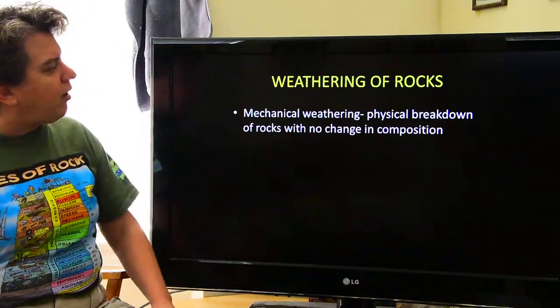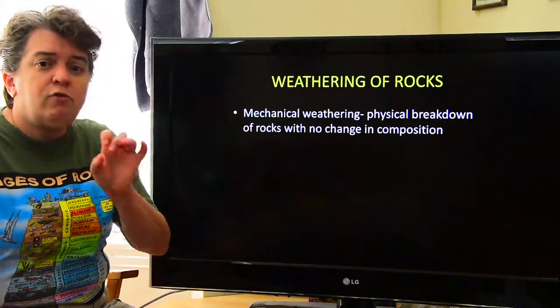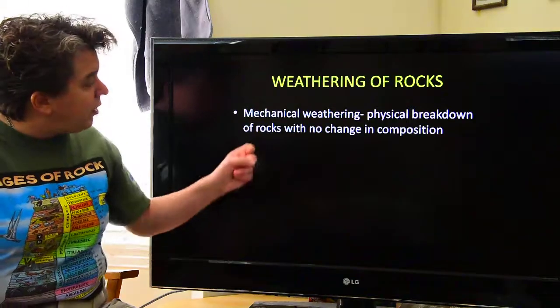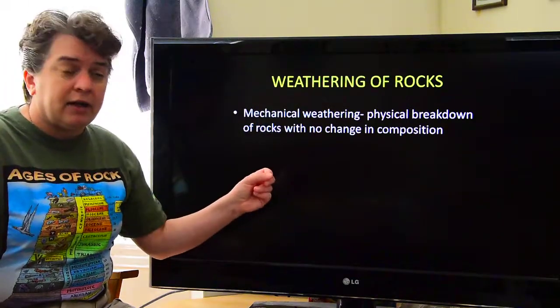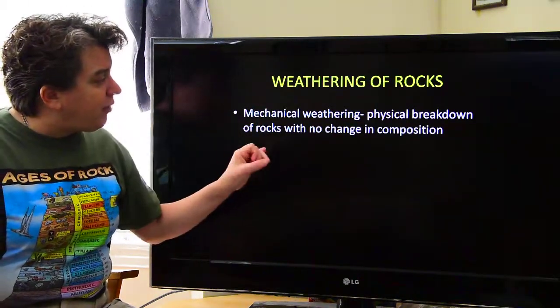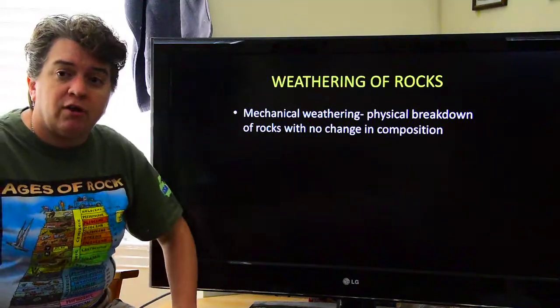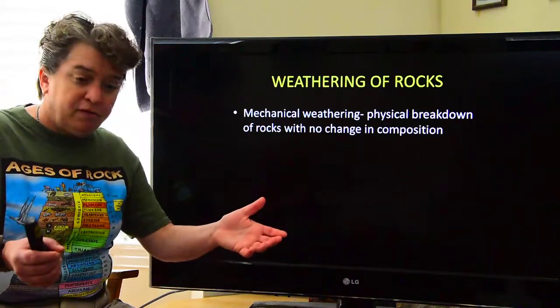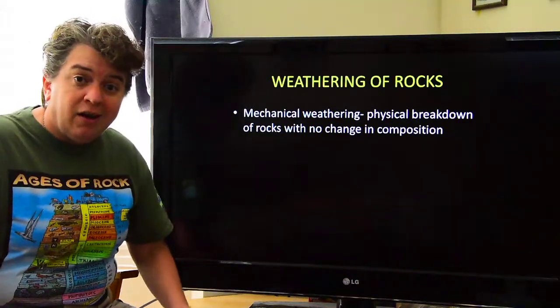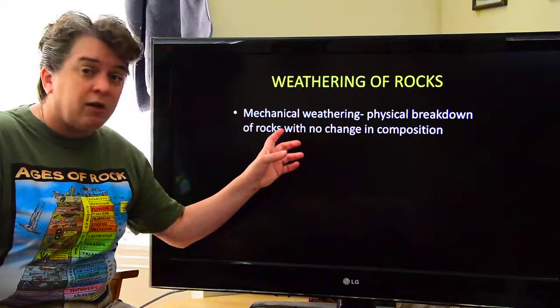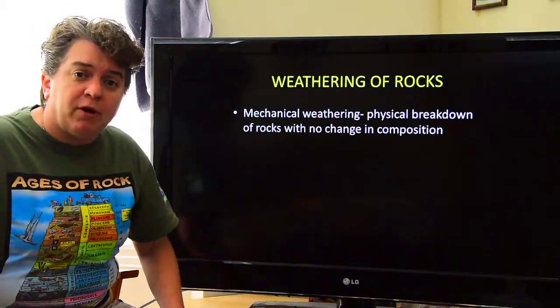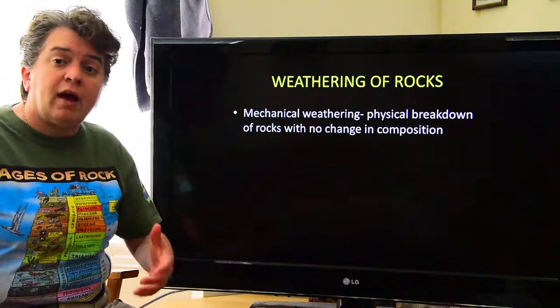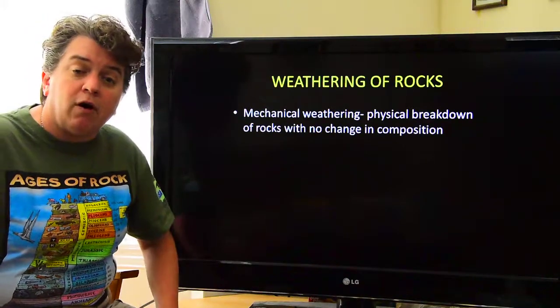So how do we weather rocks? There are two major ways. We can weather them mechanically, which is the physical breakdown of rocks with no change in composition. Basically, you have one big rock, you break it apart, you have two smaller rocks, same composition. That's mechanical weathering. The other way is chemical weathering, where the actual chemical composition of the rock changes.